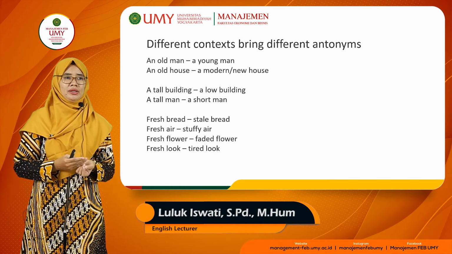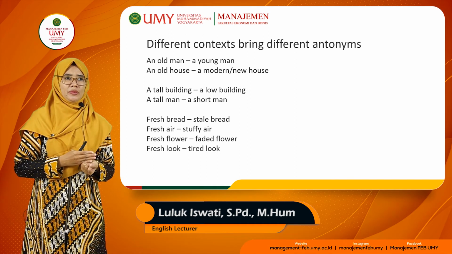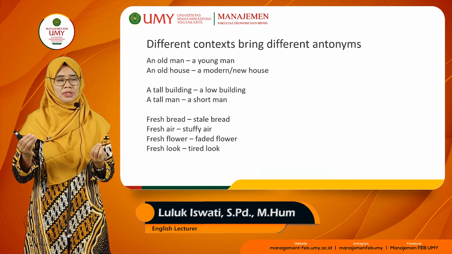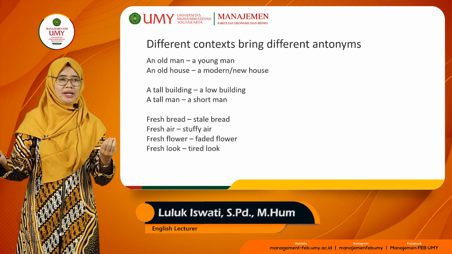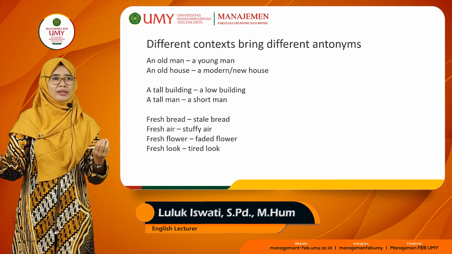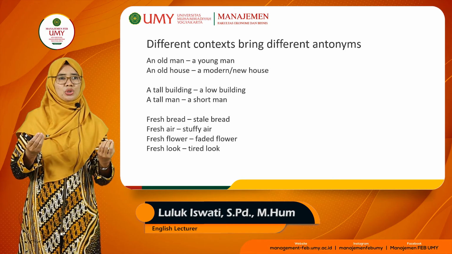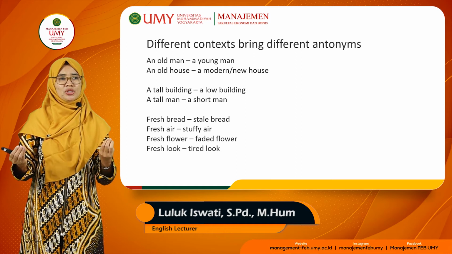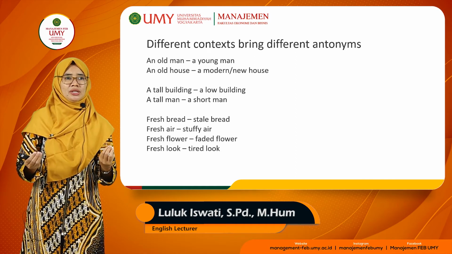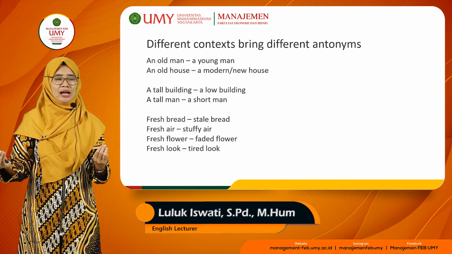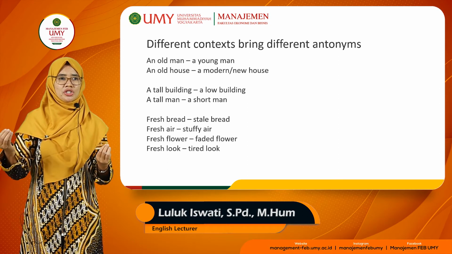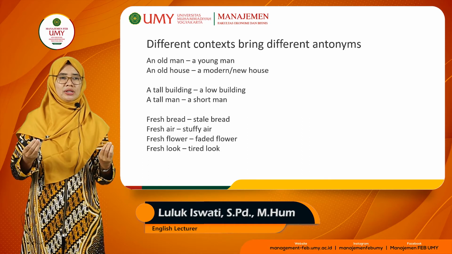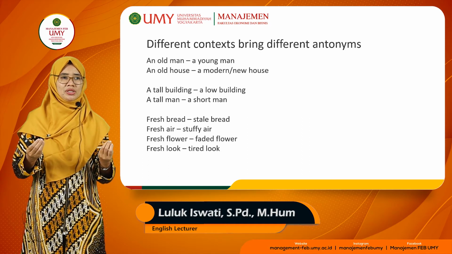For example, an old man, the antonym is a young man. But we cannot use young in the context of a house. When we say an old house, we cannot say a young house, but we have to use a different word. We have to use a modern house or a new house.